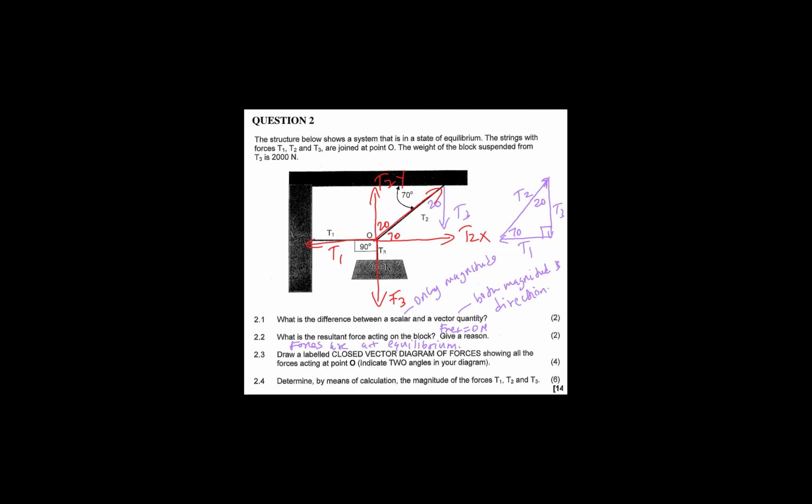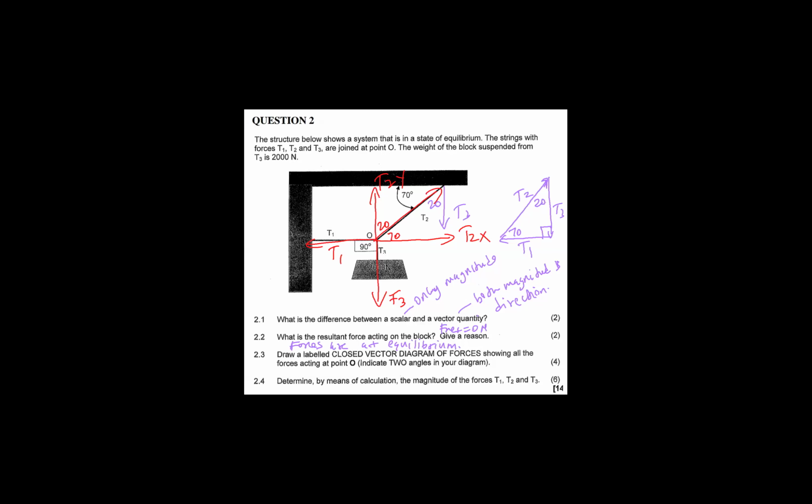So we're going to use this diagram here. That is why it's very important to know how to draw a closed vector diagram. To answer this question, we're going to use this diagram and correlate with the trig ratios. We know the trig ratios.